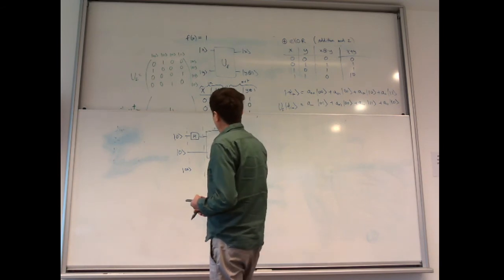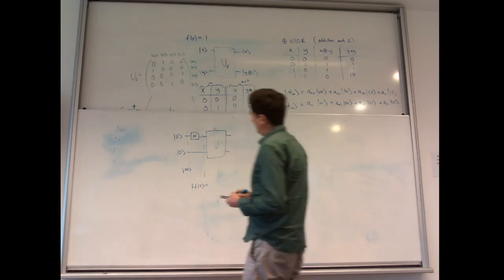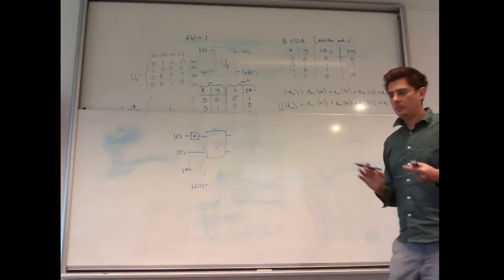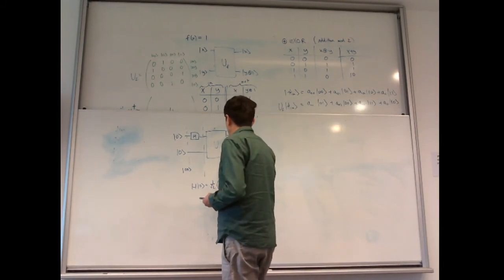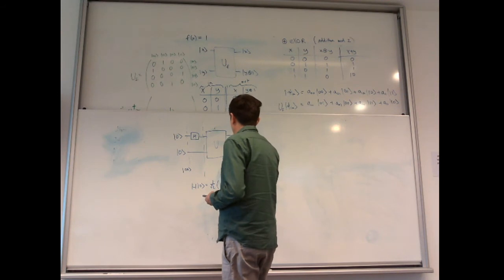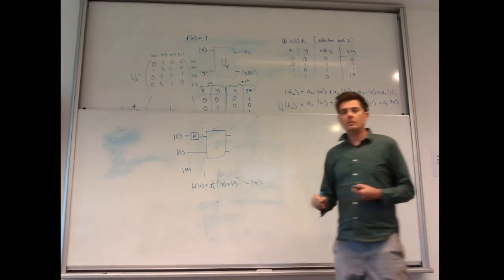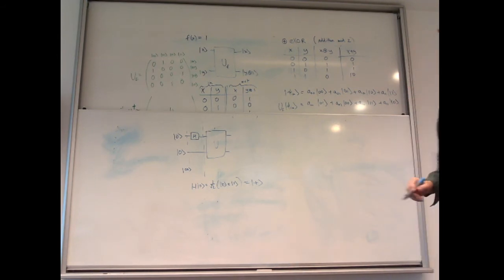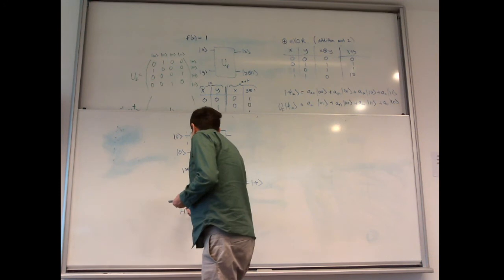Over here, the Hadamard gate produces the even superposition state, which we've been calling the plus state. We introduced it a while ago in matrix form.